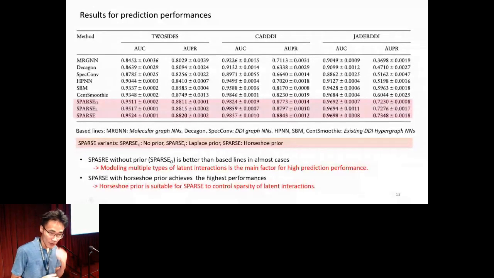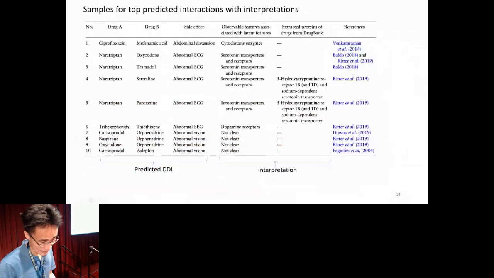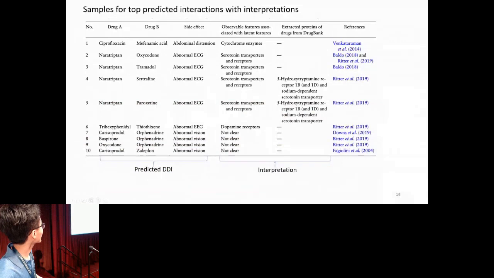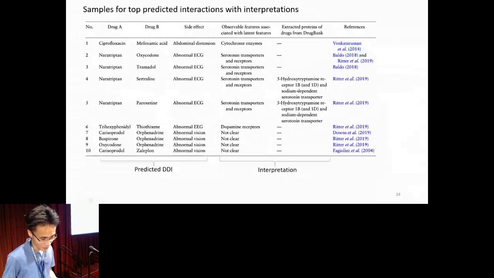And to show some samples of prediction from SPARSE, we show some top predicted interactions with interpretation. From this table, for the triples here are the predicted interactions, and the 2 columns for interpretation. The interpretation here is the proteins associated with the drug latent feature, and we use them to explain how the drug interaction occurs.